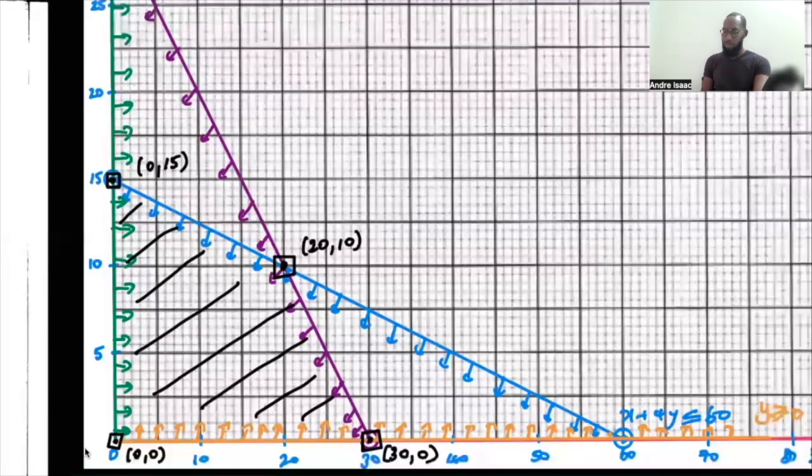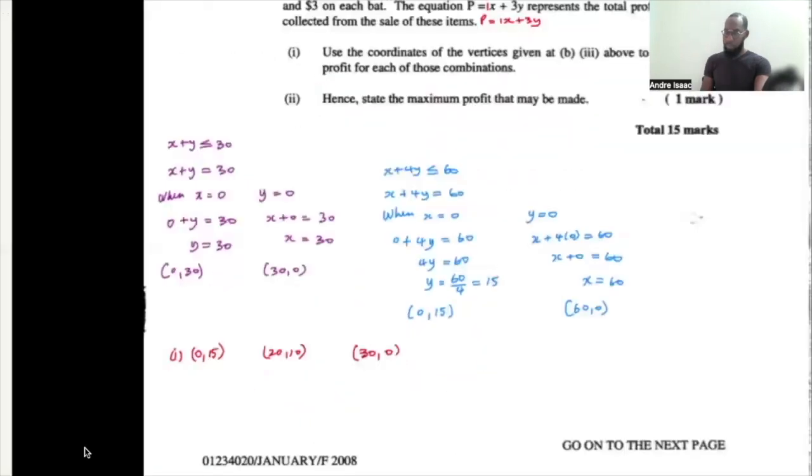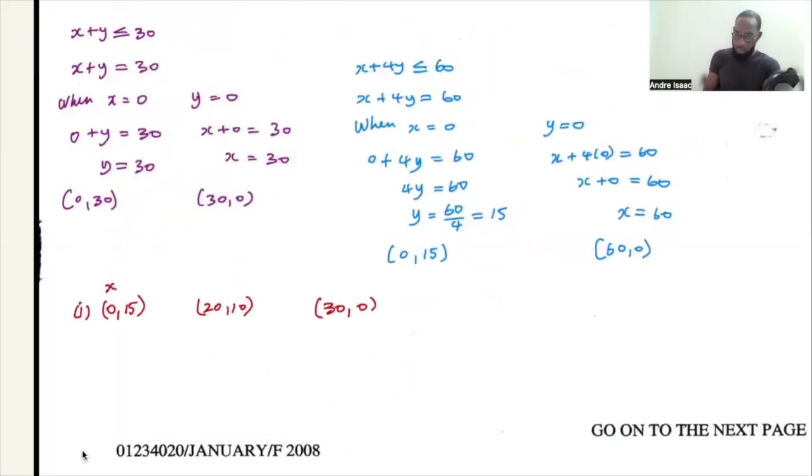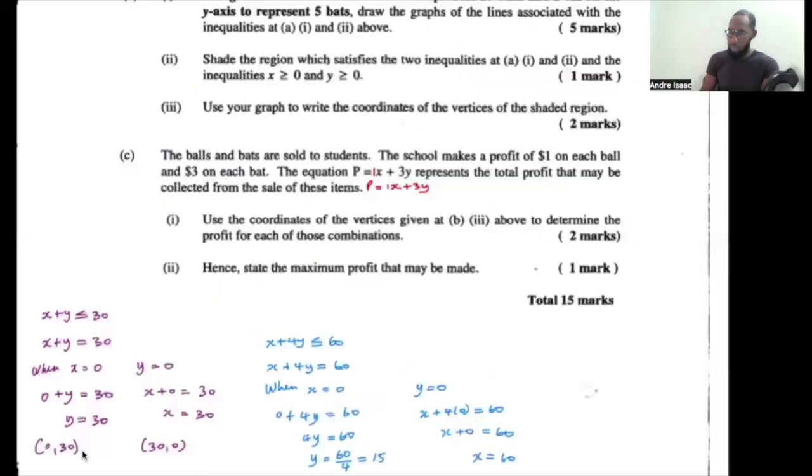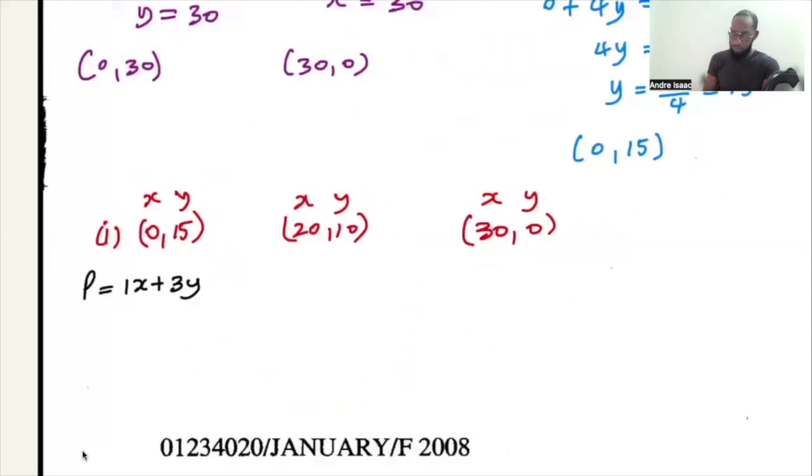Not going to make sense. All right. So this is x, y, x, y, x, y. Right. So profit is equal to 1x plus 3y, I think. Yep, 1x plus 3y.